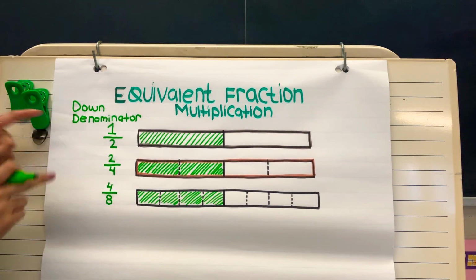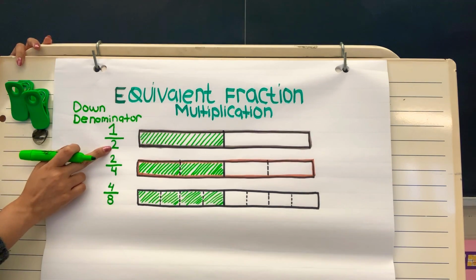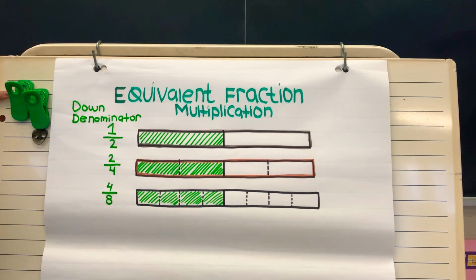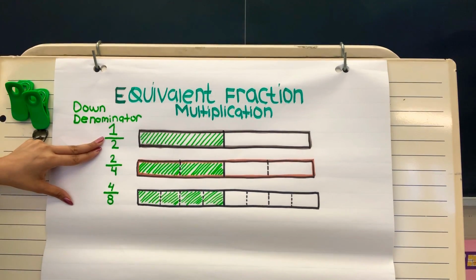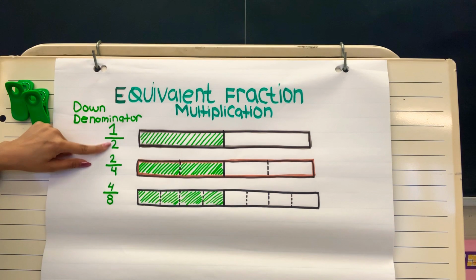Both these words, down and denominator. So remember your D, the bottom number, denominator, top number, numerator. So if you see the fractions, each time the numerator, my top number, and the denominator are doubled.